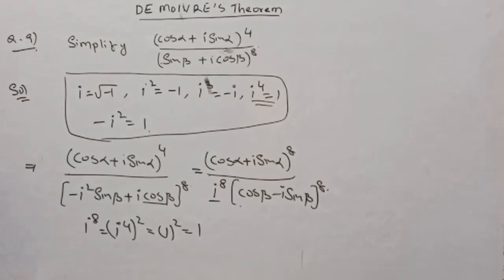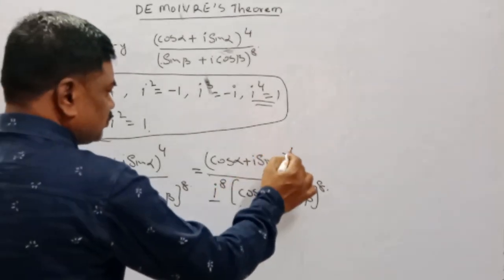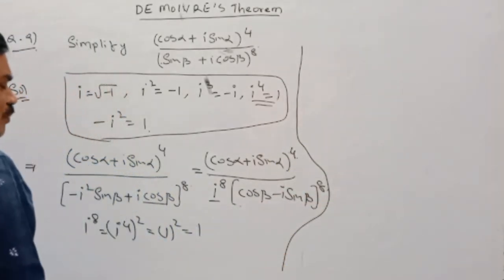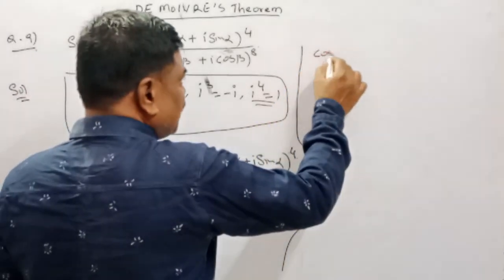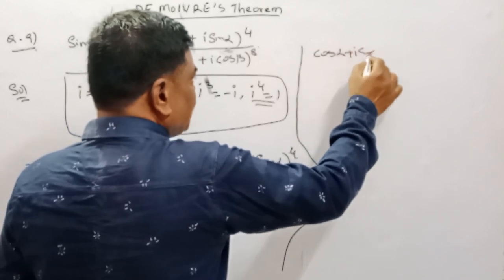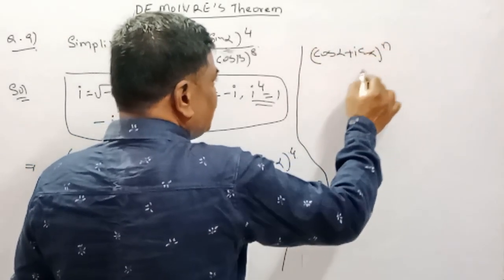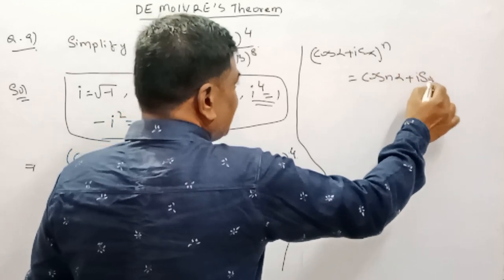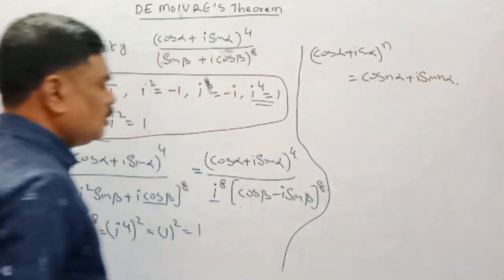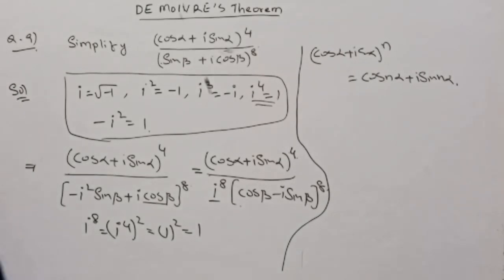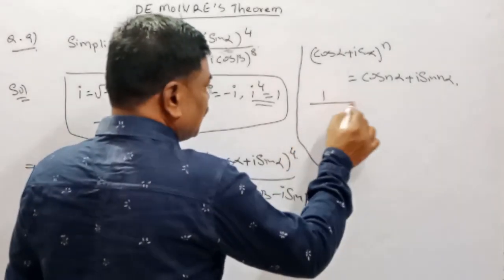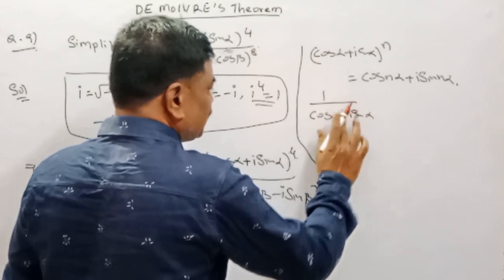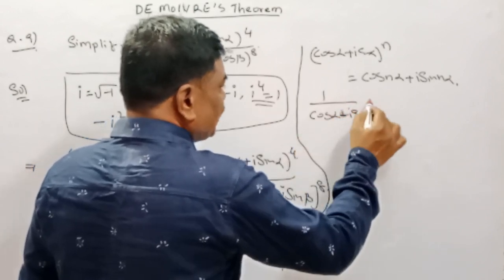What is the remaining? This is power 4. We know that (cos alpha plus i sin alpha) whole power n is equal to cos n alpha plus i sin n alpha. Also, 1 by (cos alpha plus i sin alpha) is equal to cos alpha minus i sin alpha.